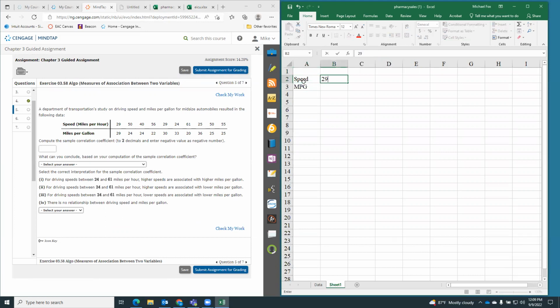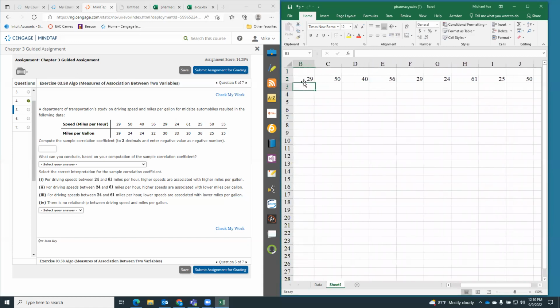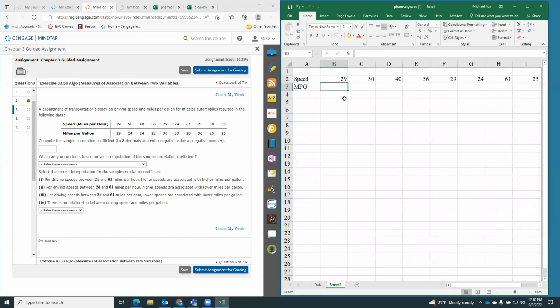My speed data is 29, 50. Whoops. And then my miles per gallon data, 29, 24.